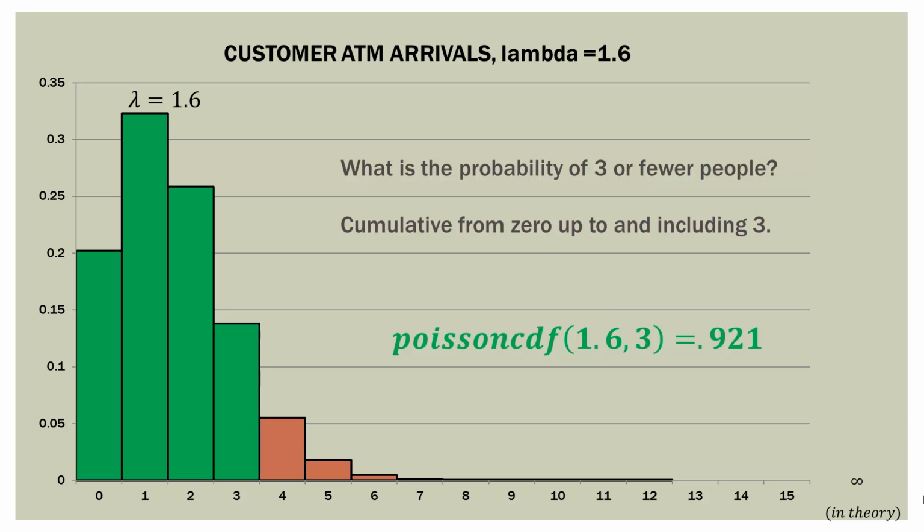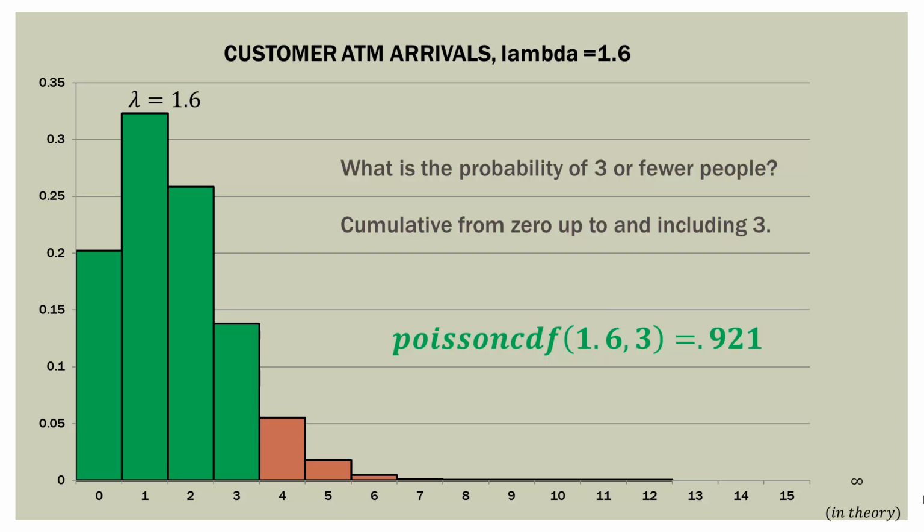When we evaluate that, we have 0.921. So if we add up the height of all the green bars, they will add up to 0.921, which of course is 92.1%. So the probability of 3 or fewer people walking up to the ATM during any given 10-minute interval is 0.921, or 92.1%.